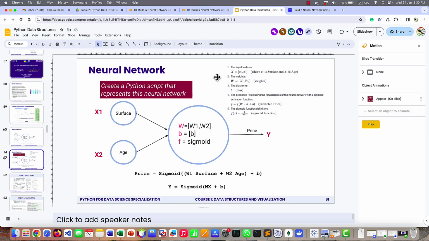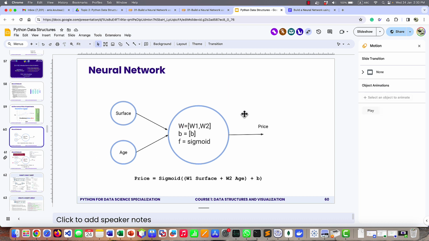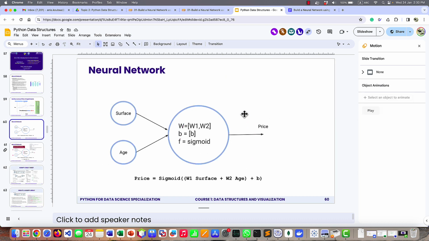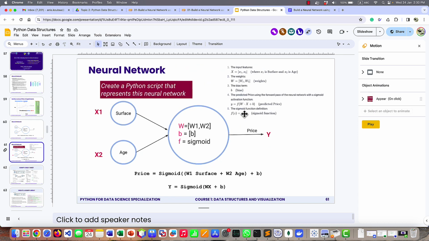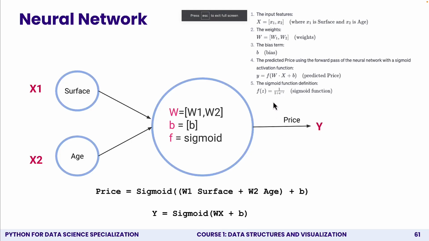Look now at the sigmoid. I think I have an expression of the sigmoid in the second slide, number 5. Yeah, it's here. Look, this is the expression: 1 divided by 1 plus e to the minus x.